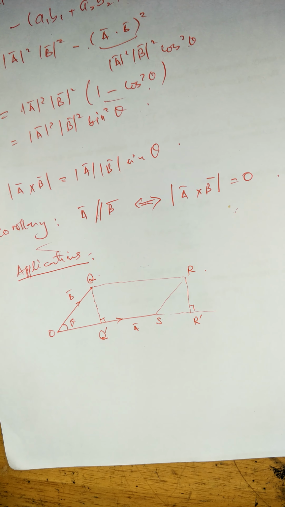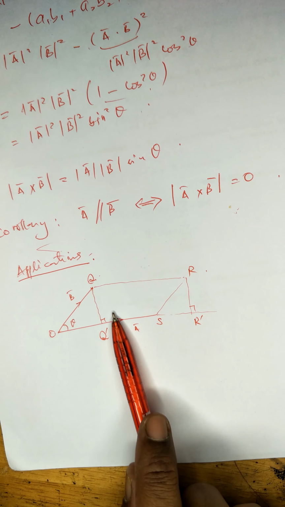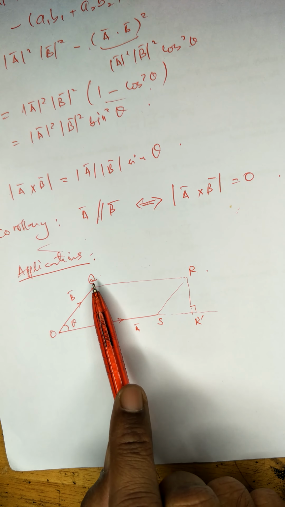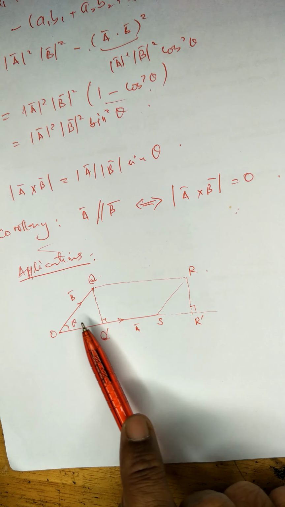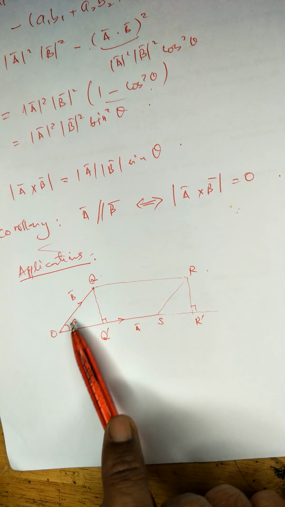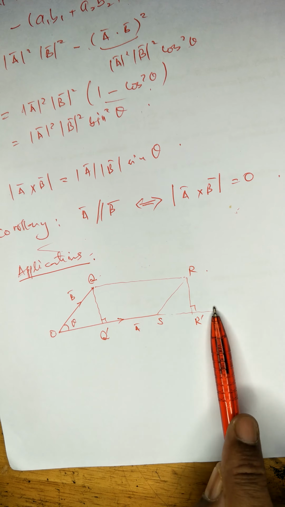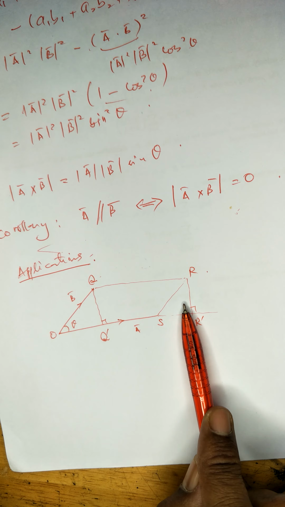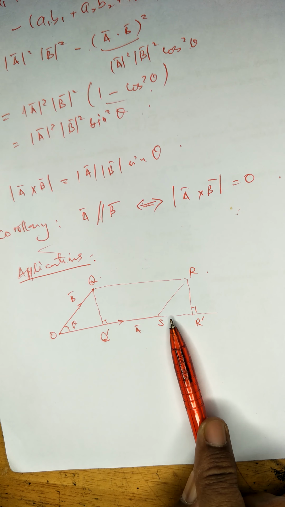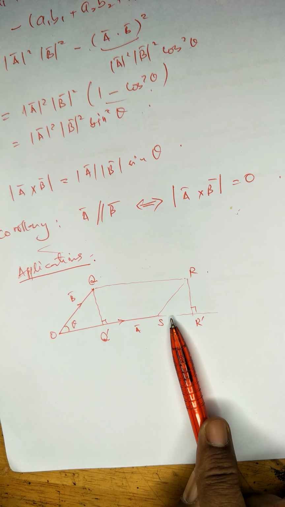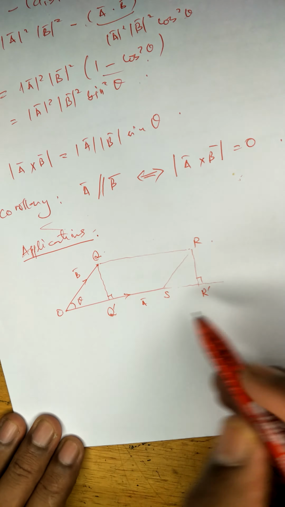So for the parallelogram, what we can find is that the area of the rectangle Q Q prime R R prime is equal to the area of the parallelogram OQRS. So there must be a relationship between those two vectors, because from these two vectors we can form the parallelogram. So we can find the area.